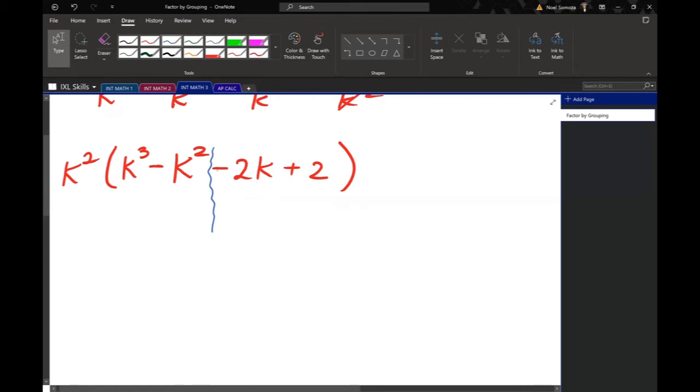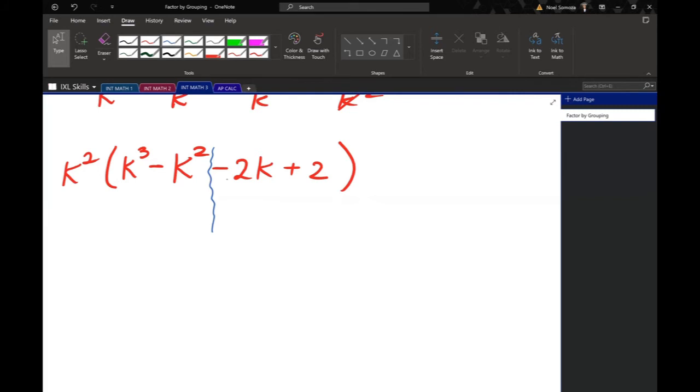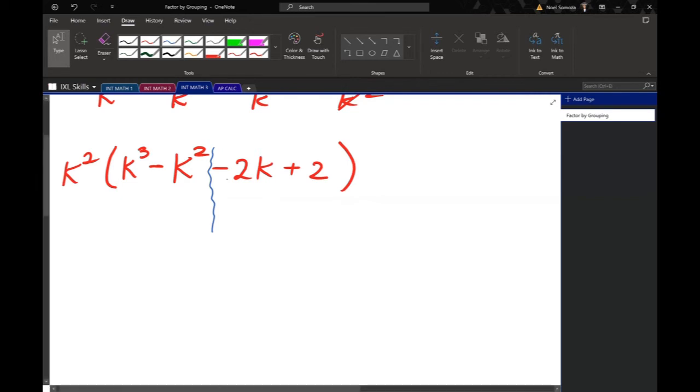So for example, the minus in front of the 2, that indicates that's a negative 2. So I like to keep the sign with the number so that if I ever need to factor out a negative, I know that that negative belongs to the 2. So we want to split the group right after the second term, which is k squared. Split it so that we can keep negative 2 with the group that's on the right side.